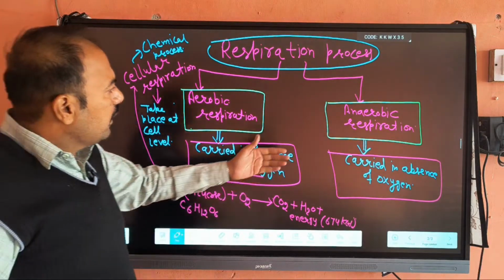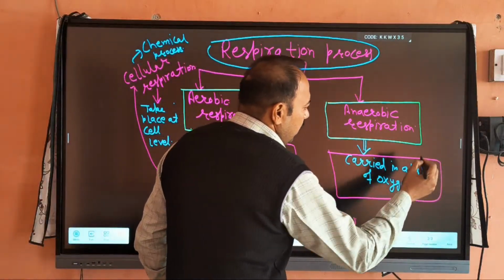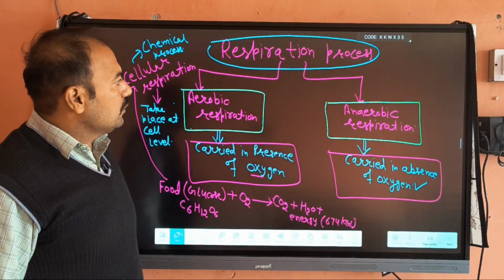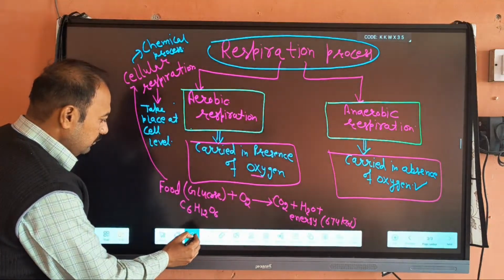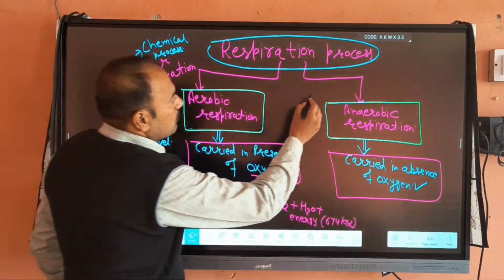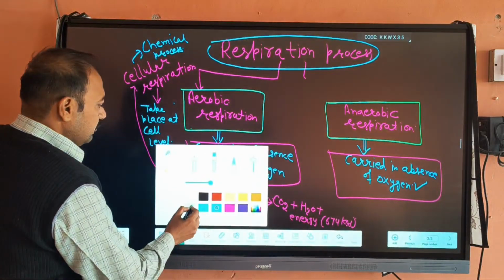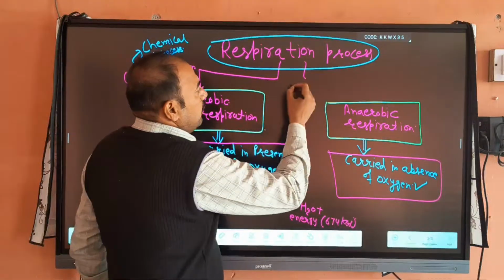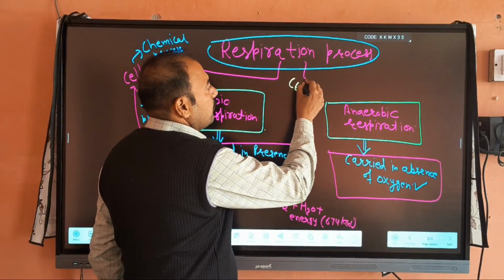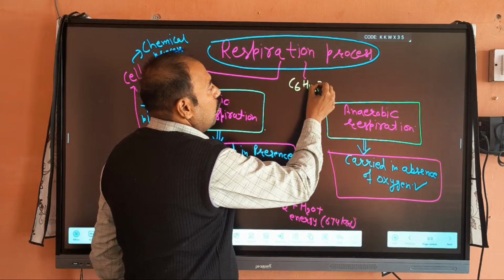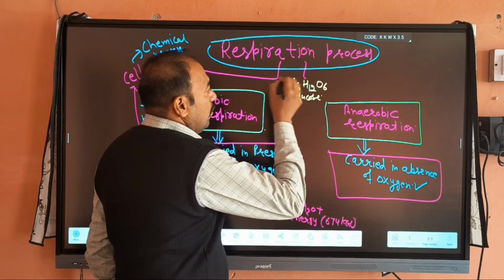But next, anaerobic respiration is carried out in the absence of oxygen. So we can write an example. This is in the absence of oxygen. We write C6H12O6, this is glucose.